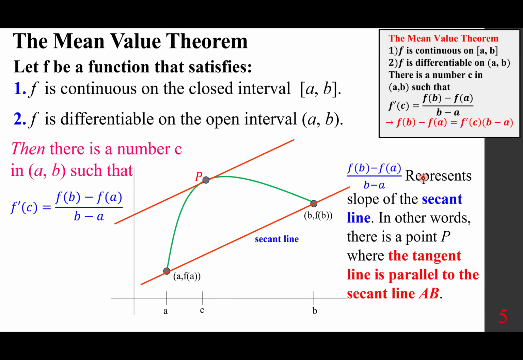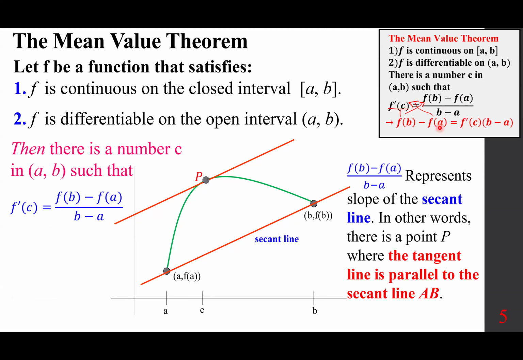So the mean value theorem is as follows. Number one, f is continuous on the closed interval of a to b. Number two, it's differentiable on the open interval of a to b. Then there is a number c in the open interval such that f prime of c is f of b minus f of a over b minus a. By the way, if you do the cross product here, in other words, this is f prime over 1, multiply these two, multiply these two. Then you get f of b minus f of a is f prime of c times b minus a.